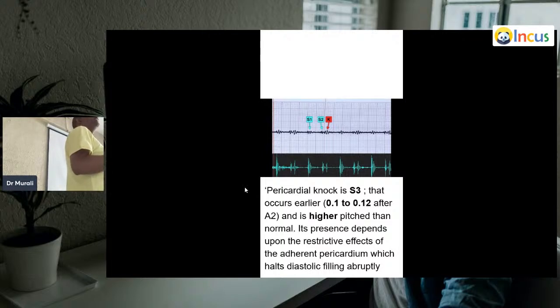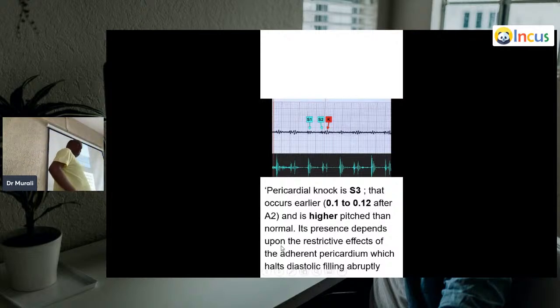Sorry. Diastole is between S1 S2 or S2 S1? After S2, the ventricle starts filling, no? So that is the reason it should be after S2. Right?